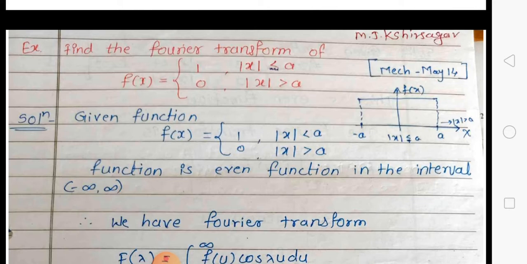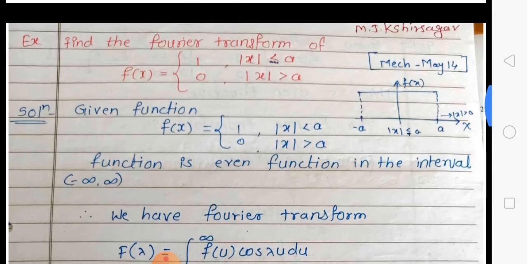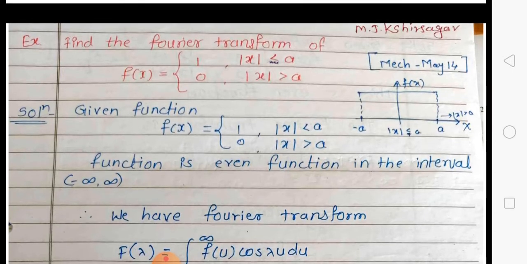Now the value of function in mod of x less than a is 1. Mod x is less than a, that is the value of x lies between minus a to a. If the value in minus a to a is 1, then we draw the line. Value of function f of x is 1, that is this line in between minus a to a.